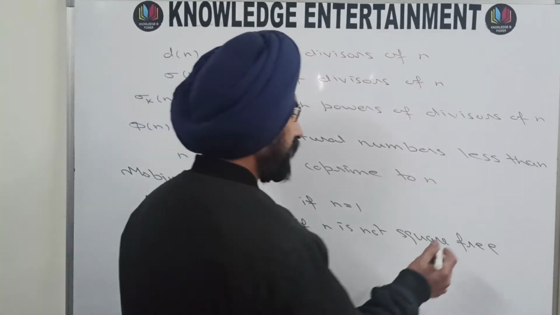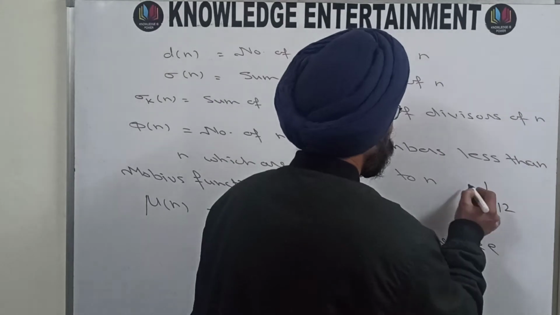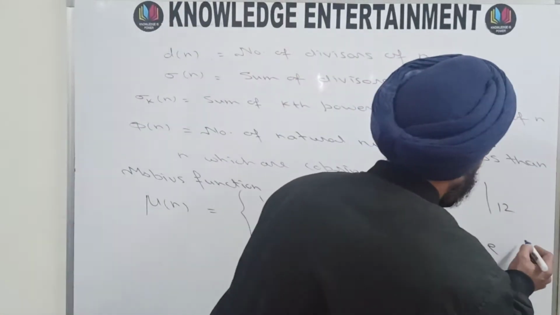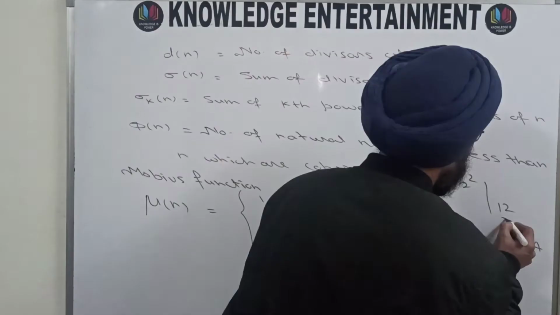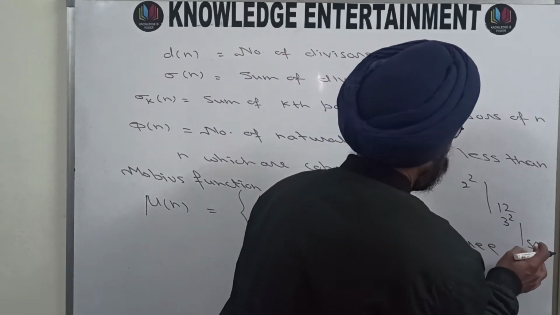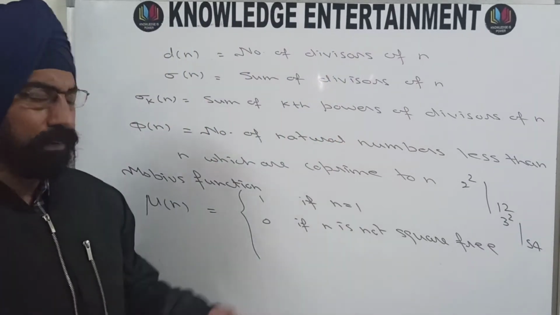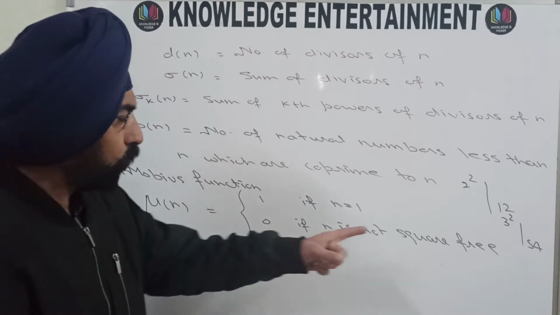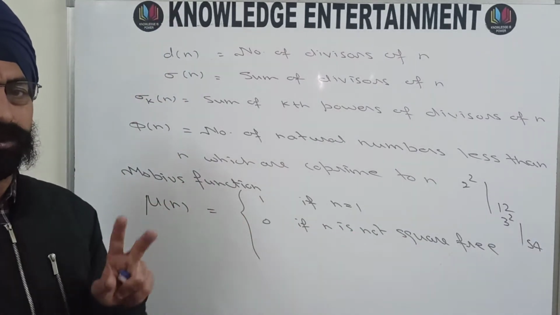For example, 12. 12 is not square free because the square of 2 divides 12. Similarly, 54 is not square free because 9 divides 54. So 54 is not square free, and so on. There are so many numbers. So for those natural numbers, the value of mu(n) is 0.